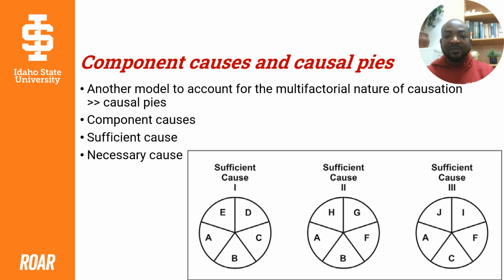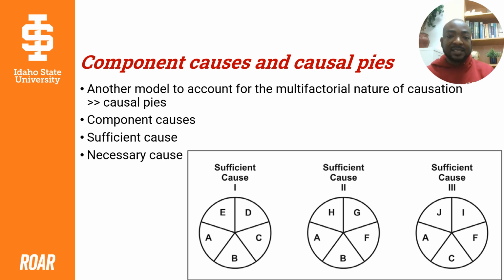The presence of this organism is therefore a necessary but not sufficient cause of Pneumocystis pneumonia. In this figure, it would be represented by component cause A. As the model indicates, a particular disease may result from a variety of different sufficient causes or pathways.